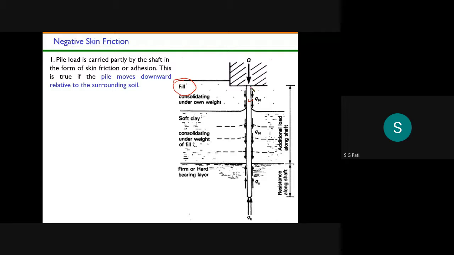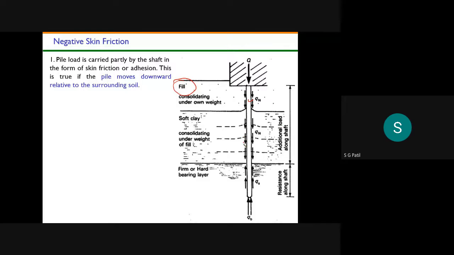Once you drive a pile in a very loose soil, the soil will settle more than your pile, and it will produce some drag force on the pile. So instead of resisting, it is negatively affecting your load carrying capacity. That's why it's called negative skin friction.